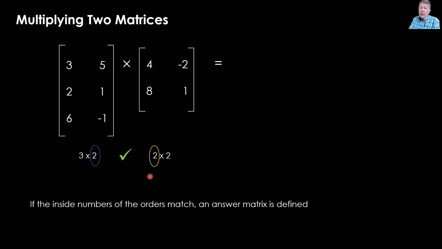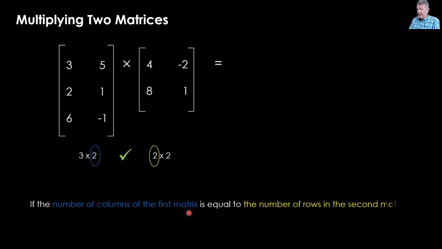But do not, under any circumstance, use the words "inside numbers." Do not. Use the right language, please. The right language says, if the number of columns in the first matrix, which is the 2, is equal to the number of rows in the second matrix, which is that 2, then an answer matrix is defined.